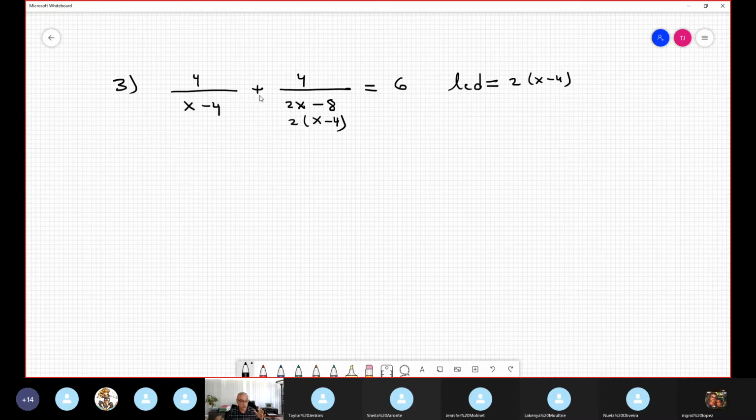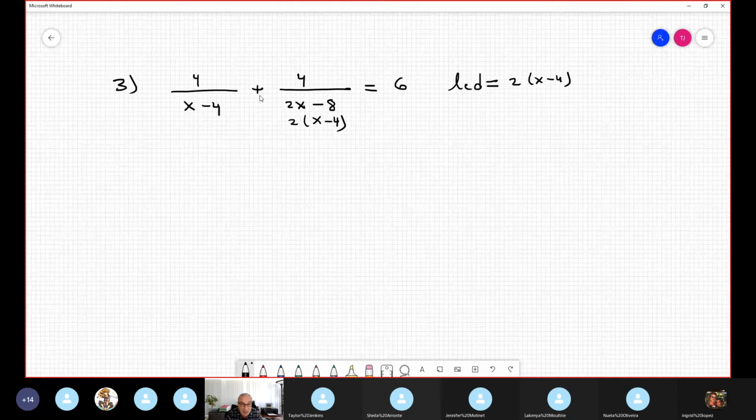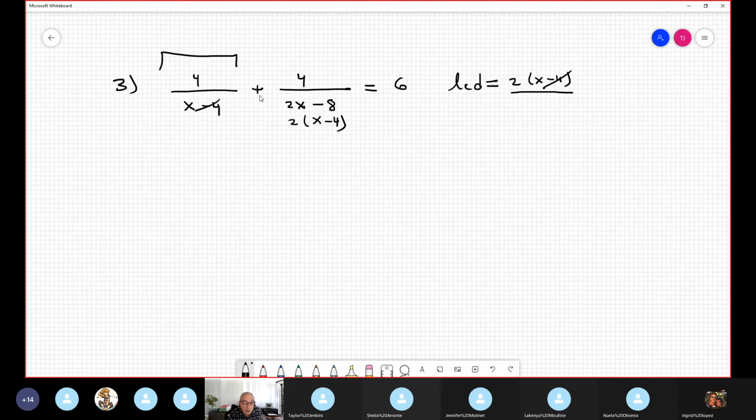Now multiply everything by the LCD, and magically, no fractions anymore. When you multiply the LCD by the first term, x minus 4 says goodbye and stays 2 and 4, which is 8.